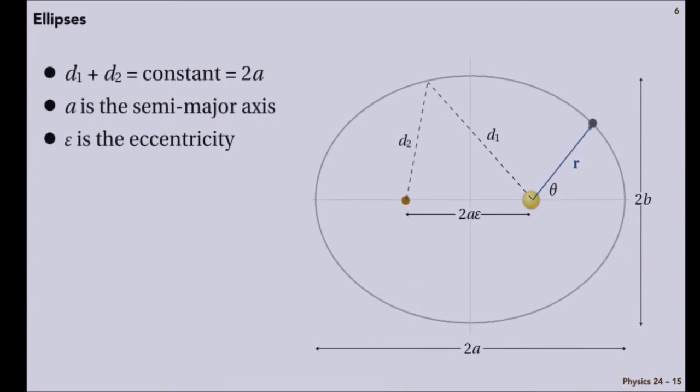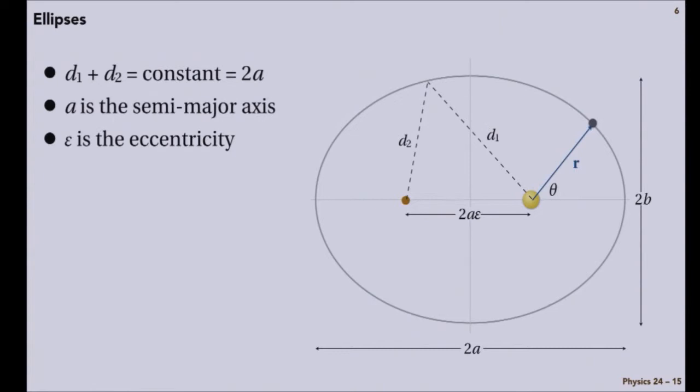But this distance on this side that I have to cover twice, once out and once back, is exactly equal to this distance on that side. So if I add those both together, I'm going to get just the full length across the ellipse, 2a. And an ellipse has this property that the sum of the distances to the two foci is a constant.